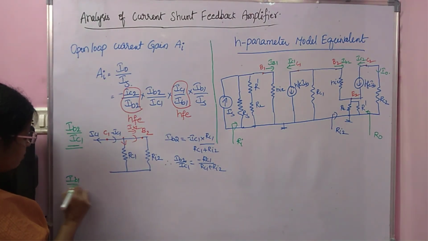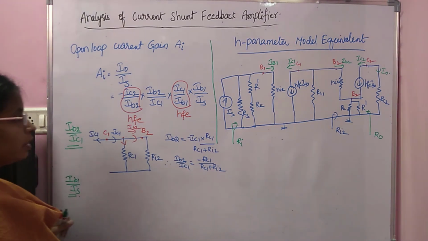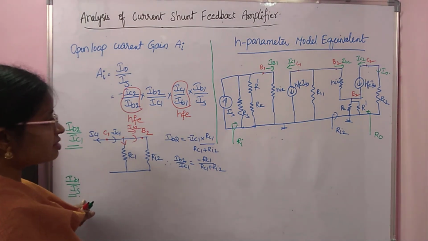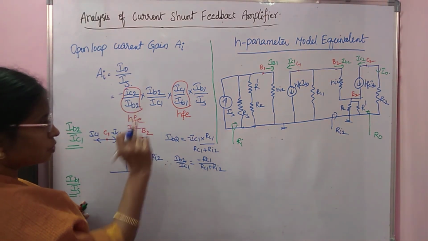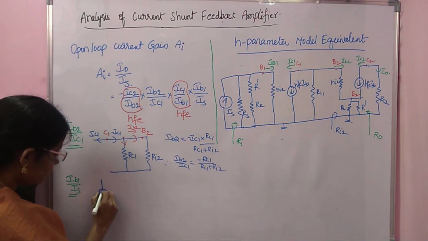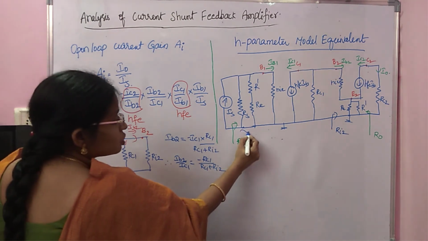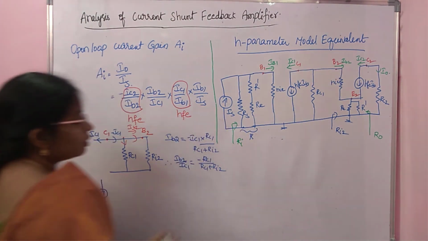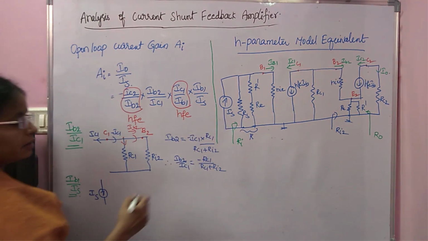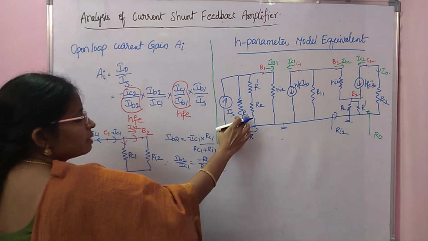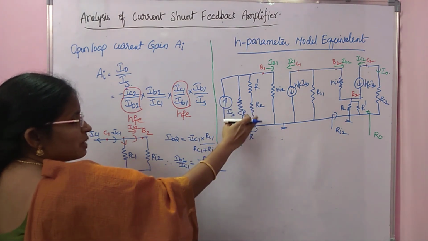IB1 by IS. Now for this you must consider the circuit from IS to B1. So IS, then take this total equivalent resistance as R, that is equal to RS in parallel with R dash plus RE.